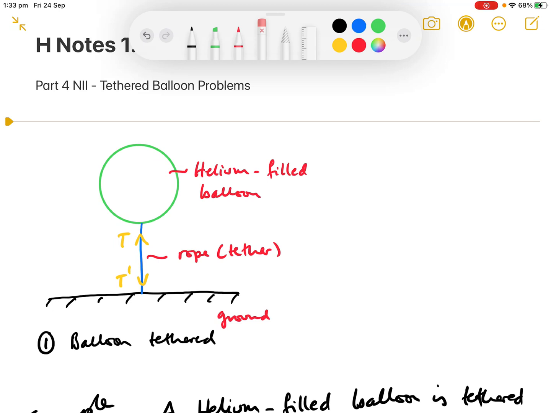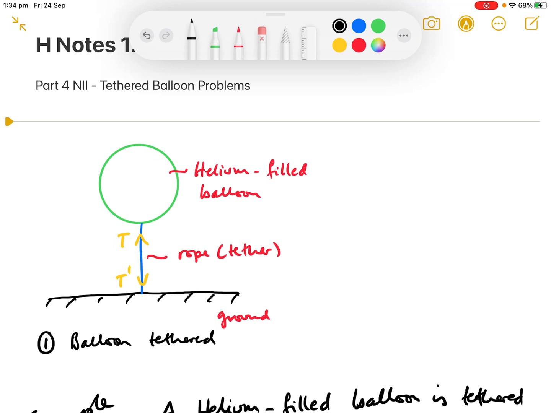And if you were the balloon, you would feel the ground reacting to that and pulling you back with T dash, the equal and opposite force to T. So you end up with a situation very like the two people pulling the rope, person A, person B type thing, where you've got T and T dash, the tension running through that rope.